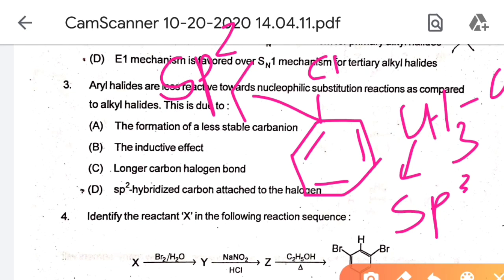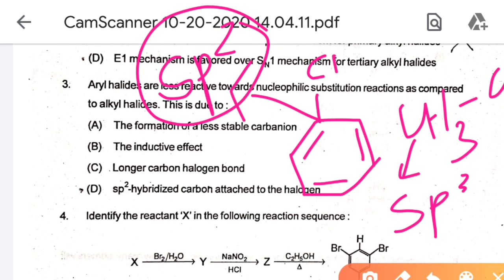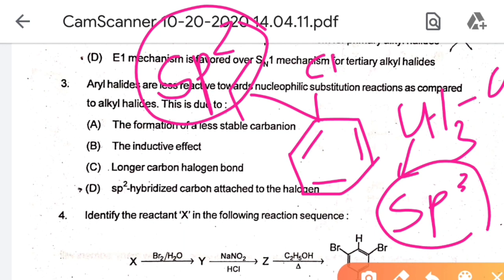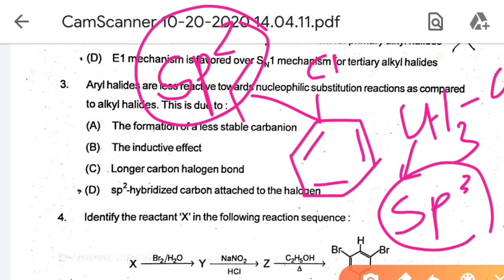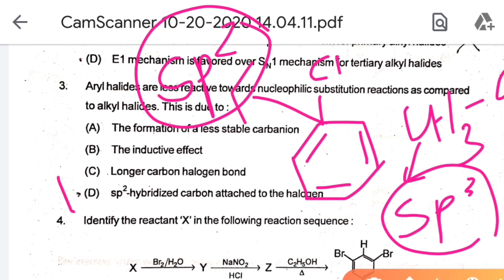Remember one thing, nucleophilic attack on sp2 hybridized carbon is much more difficult than on sp3. So aryl halides are less reactive in nucleophilic substitution as compared to alkyl halide due to presence of sp2 hybridized carbon. So the correct option for this particular question is D.